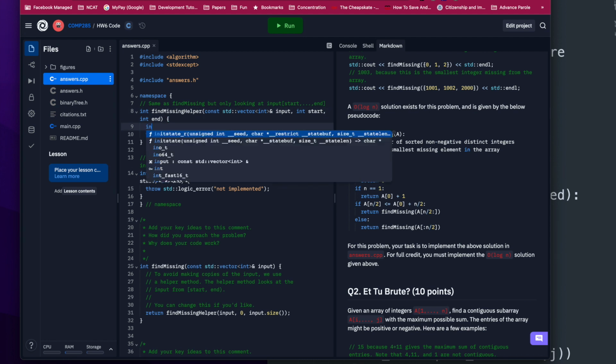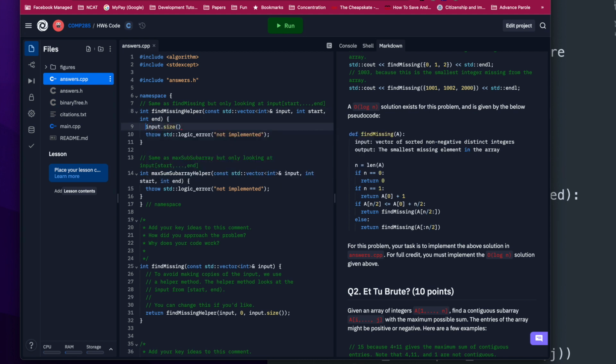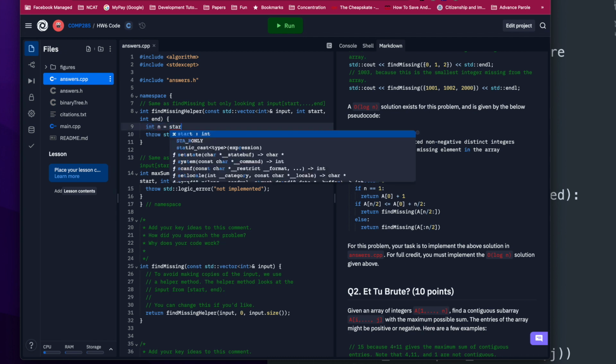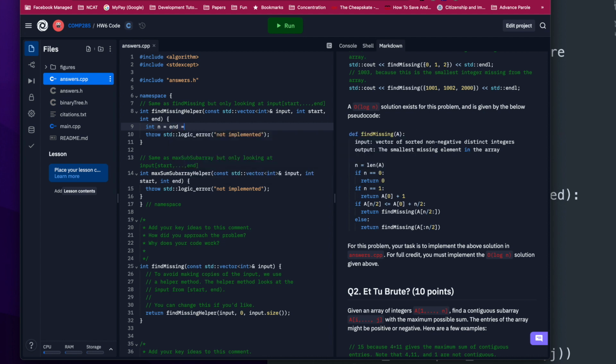You're not going to do N equals input.size. You're going to do N equals end minus start, right? This is what you're going to be looking at, because that is the length of the array you're looking at. So the whole vector is going to be 5,000, but you're only looking from index 10 to 12. So 12 minus 10 is 2, right?